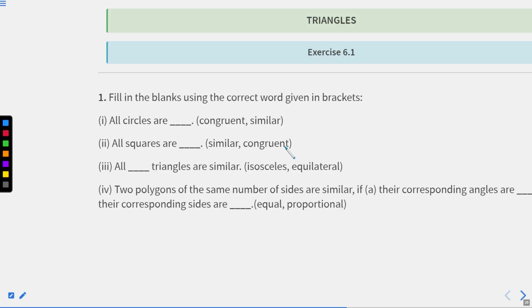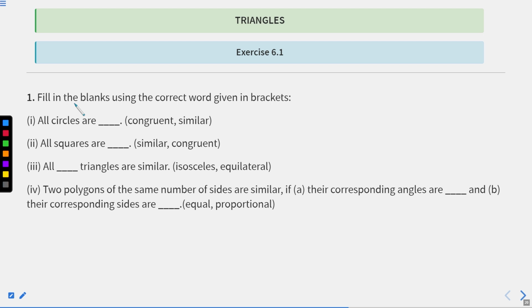Now let us start exercise 6.1. In the first question, we have to fill in the blanks using the correct word given in brackets. We have some words given in brackets, and among these we have to find the correct word and fill in the blanks.